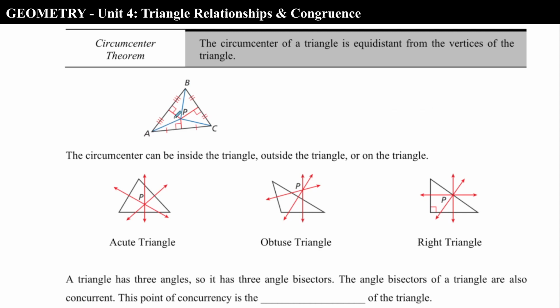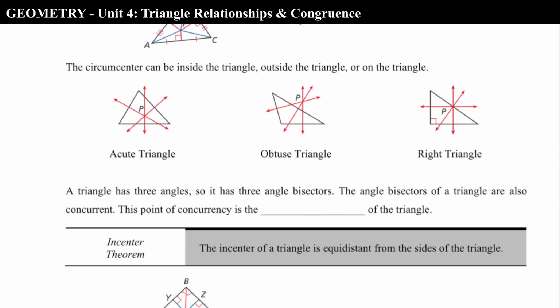And that line that we draw back to all the vertices is the same length. So PA is equal to PB, which is also equal to PC. Now the circumcenter can be inside of a triangle, outside of the triangle, or on the triangle itself, depending on the type of triangle you have, an acute, obtuse, or right triangle.